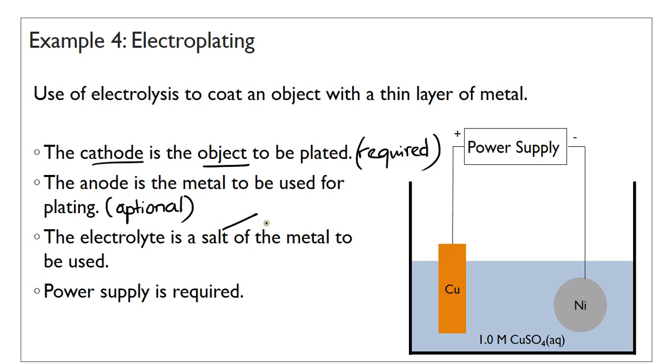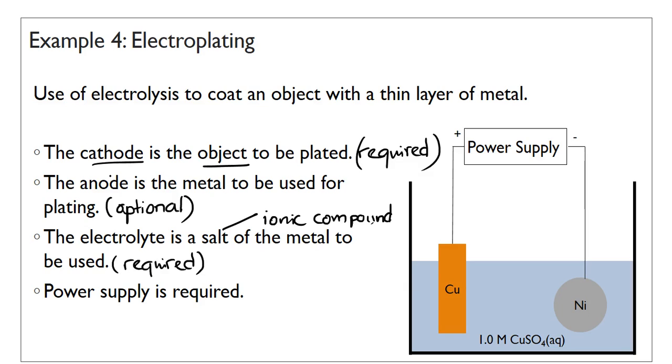So cathode is the object, anode is a metal, and the electrolyte is a salt, or well, salt is just another name for ionic compound. So the salt of the metal to be used, so an ionic compound of the metal, and this is also required. So if you want to achieve the electroplating, you need the object to be the cathode, and you need the electrolyte solution to be the salt of the metal to be used.